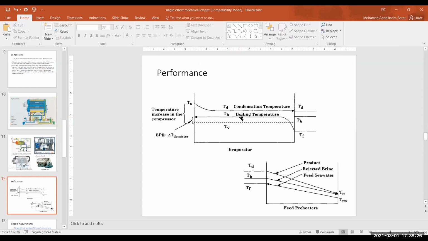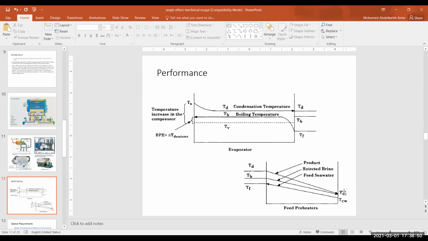When it comes to the heat exchangers, the feed preheaters, you have distillate leaving the unit. This distillate is losing heat in the heat exchanger to the feed seawater coming in. There is a rejected brine, which is losing heat to the seawater coming in.